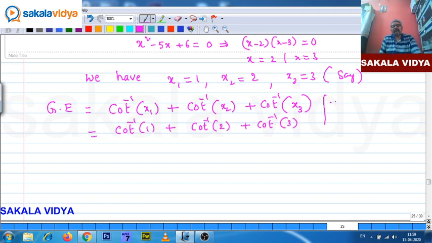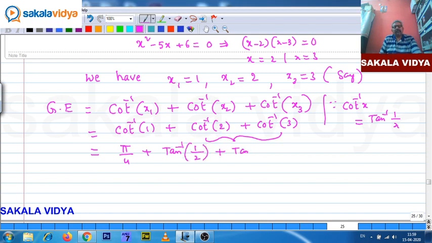We have cot inverse x is also the same as tan inverse 1 by x. So cot inverse 1 we can write tan inverse 1, or pi by 4, but this can be written tan inverse 1 by 2 plus tan inverse 1 by 3.